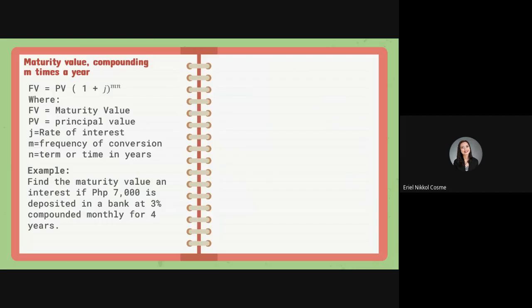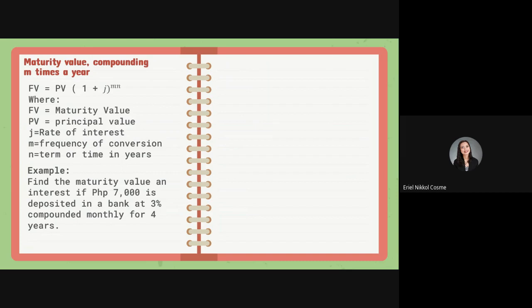Okay, another one. How about the maturity value compounding m times a year? So here is your formula to get your future value or maturity value: FV is equal to PV multiplying by (1 plus J) raised to mn, where FV is the maturity value, PV is your principal value, J is the rate of interest, M is the frequency of conversion, and N is the term or time in years.